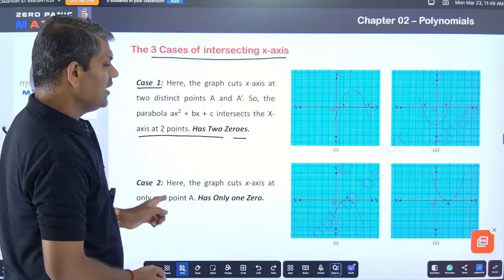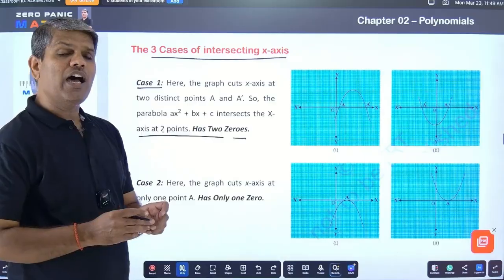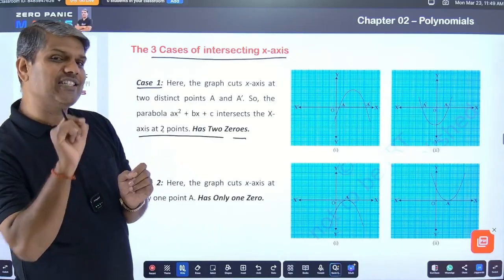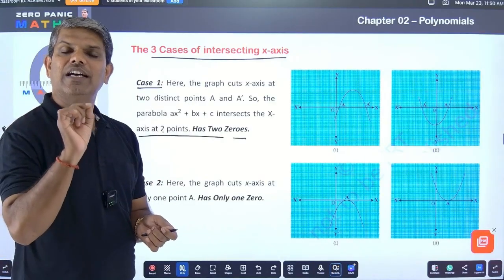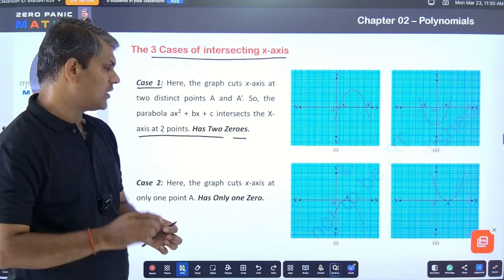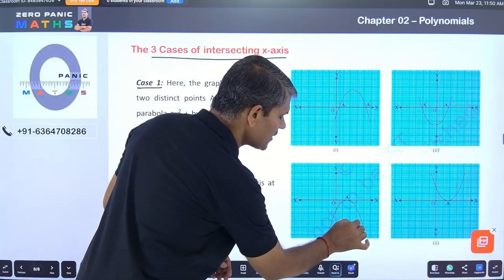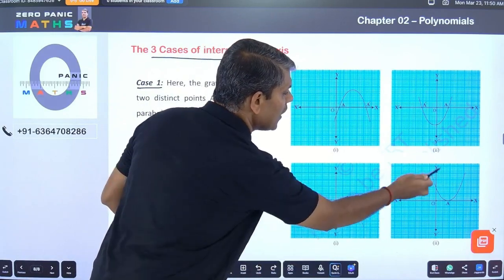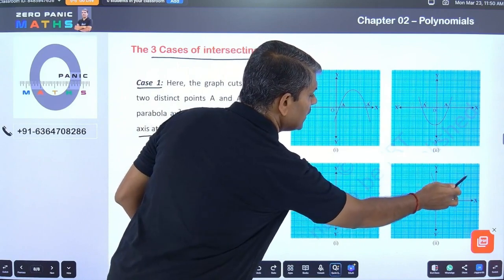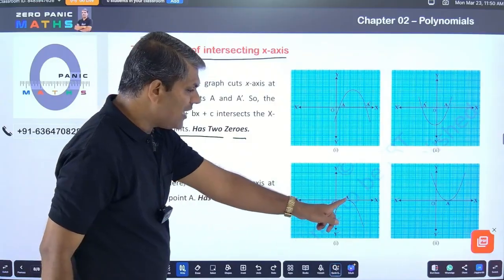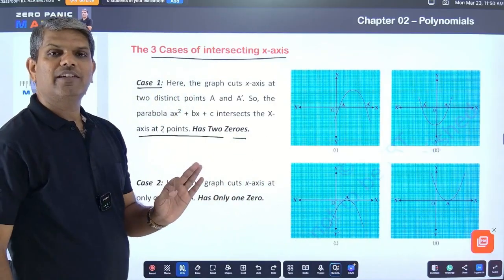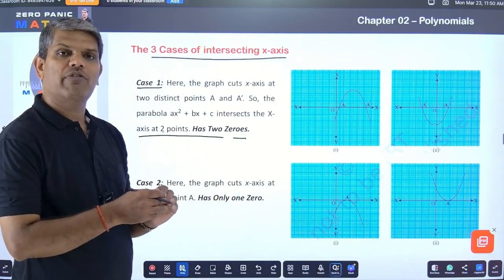The second case is where the parabola just touches the x-axis, and you're going to get only one zero. If the parabola just touches the x-axis from the downward side or from the upward side, then A is the only point where the whole polynomial value is 0.